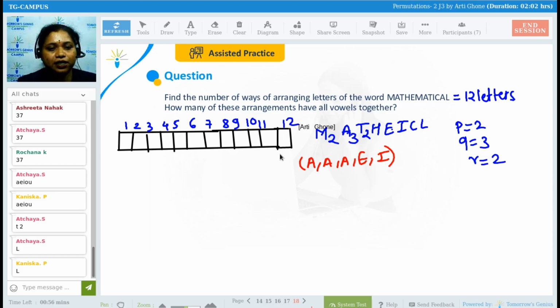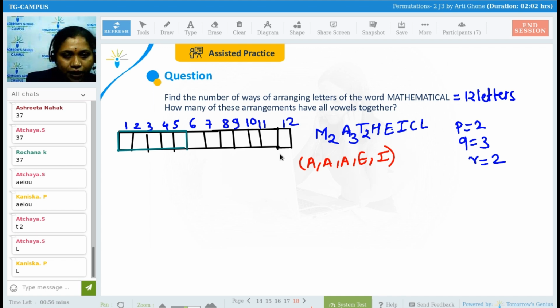Obviously 12 letters, any letter will be at any place, but this will be the arrangement. Okay. And I am making these 5 vowels as 1 unit. So these 5 vowels, 1, 2, 3, 4, 5, are taken as 1 unit. Clear? So this unit can be moved.